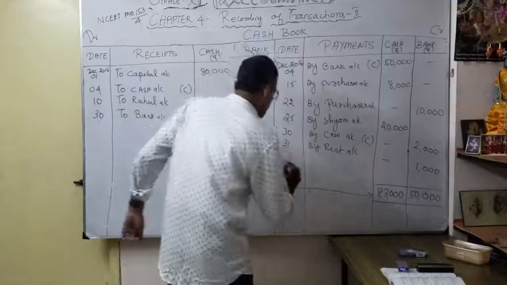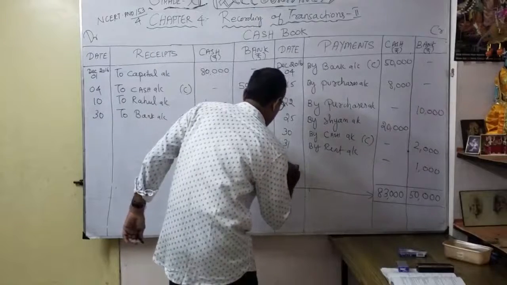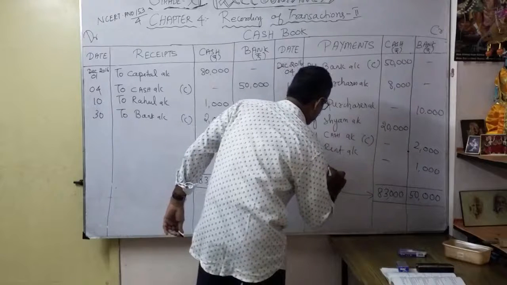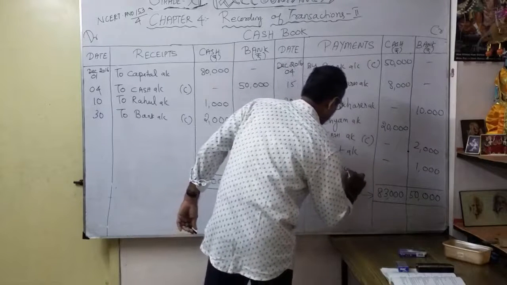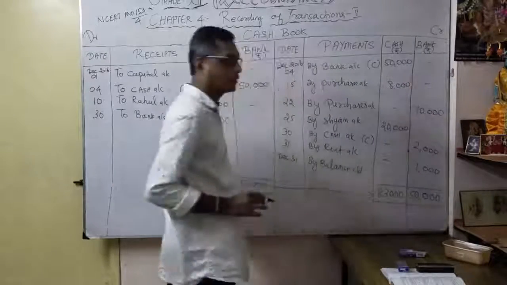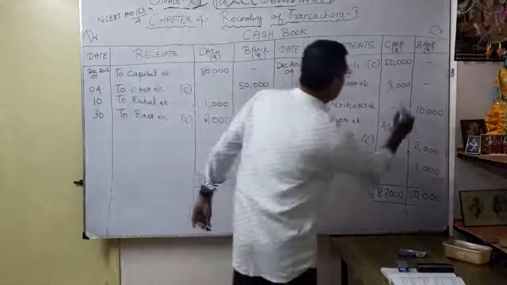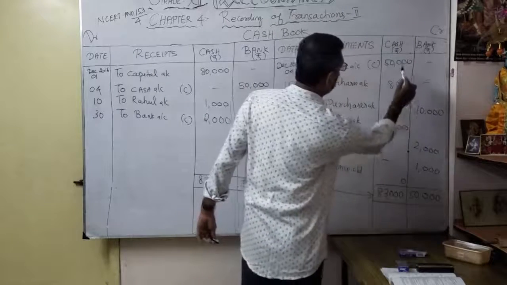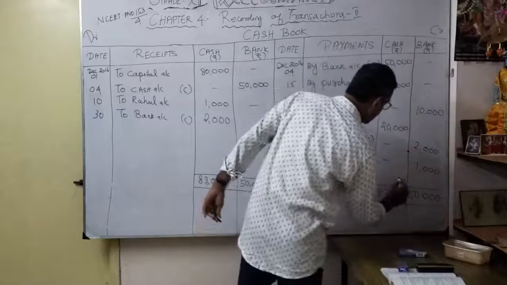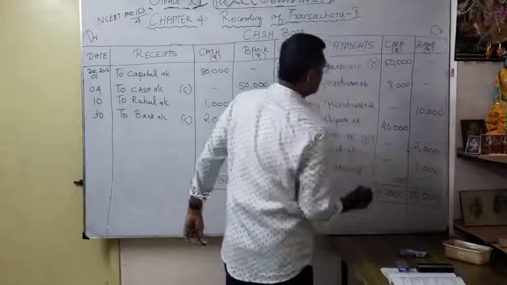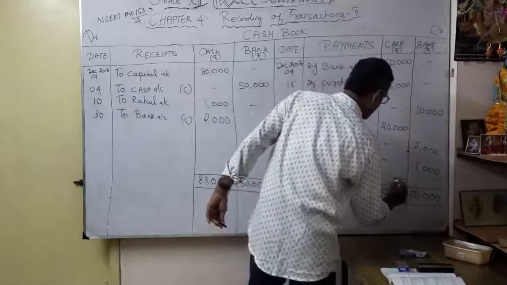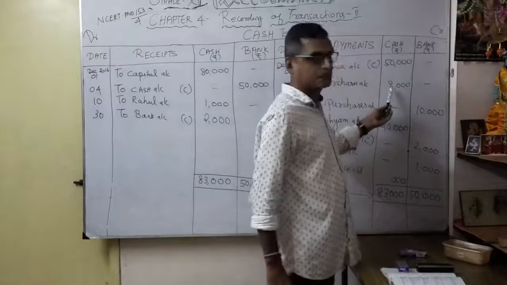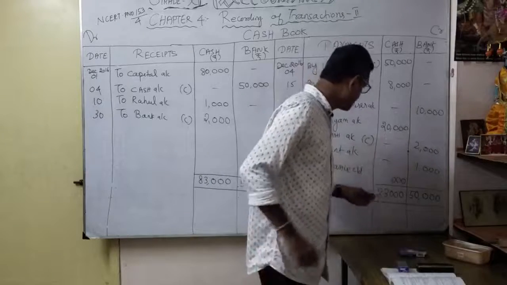Okay, so we are going to close. We are going to close December 31st: by balance carried down. Now you want to know the balance. See here, all 0, so I put 0 here. Similarly here everything is 0, so I put 0. Then here also 0. Then see carefully, here 8, but here only 3.